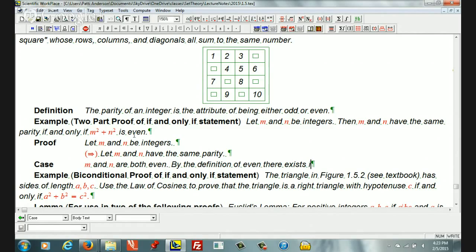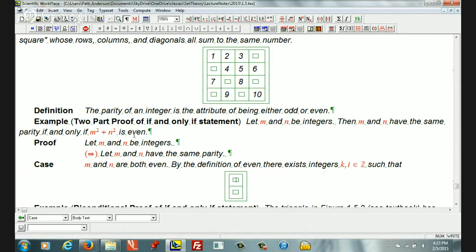There exist integers. What do we want to call them? I need two integers, k and i. There exist two integers, k and i, such that m is equal to 2k, and n is equal to 2i.